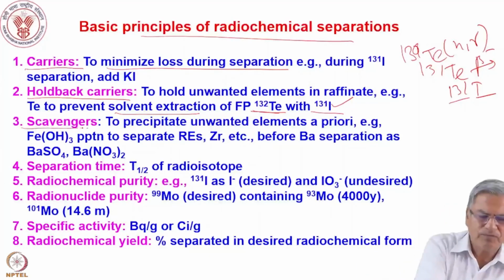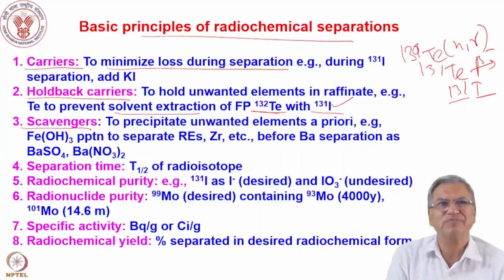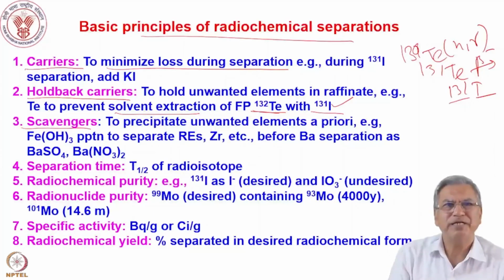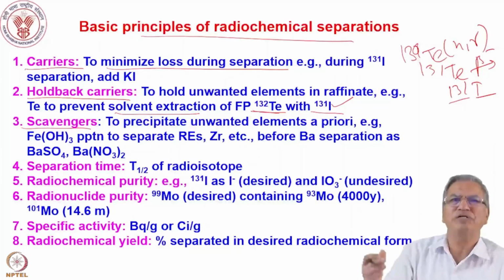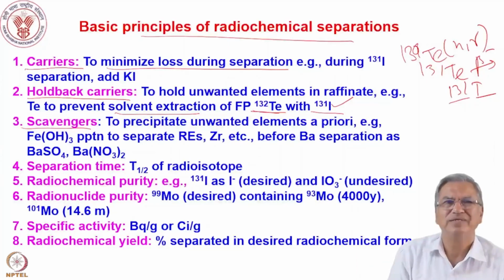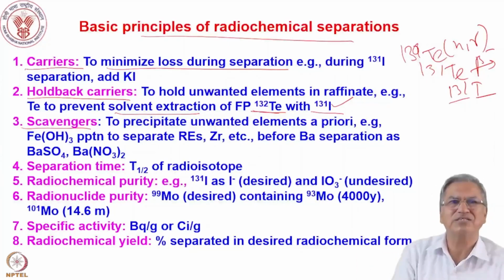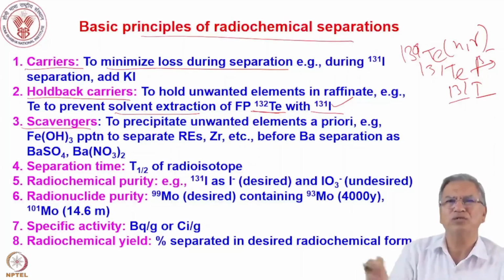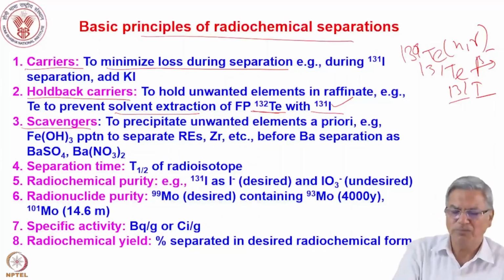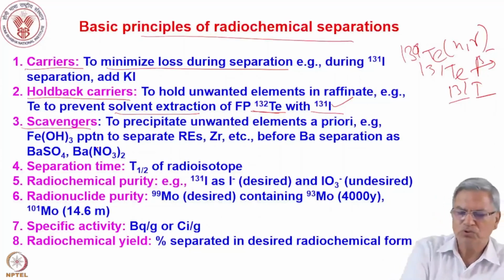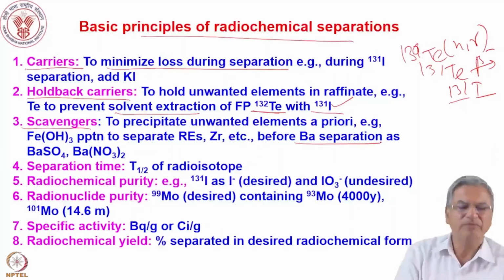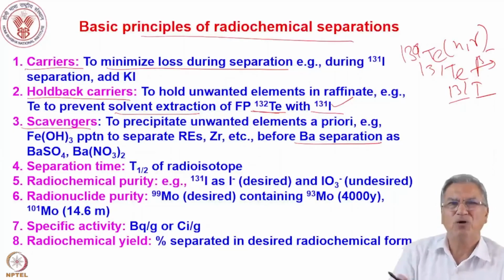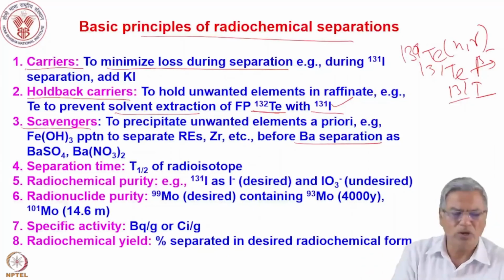And the third type of reagents are called scavengers, used to precipitate unwanted elements before we separate the desired element. So these scavengers are the reagents to precipitate the elements which are not required to be carried forward along with the desired one. For example, you want to separate barium as barium sulfate or barium nitrate, but along with barium, many rare earths may also go, zirconium may go. So how to prevent that they don't go along with barium?